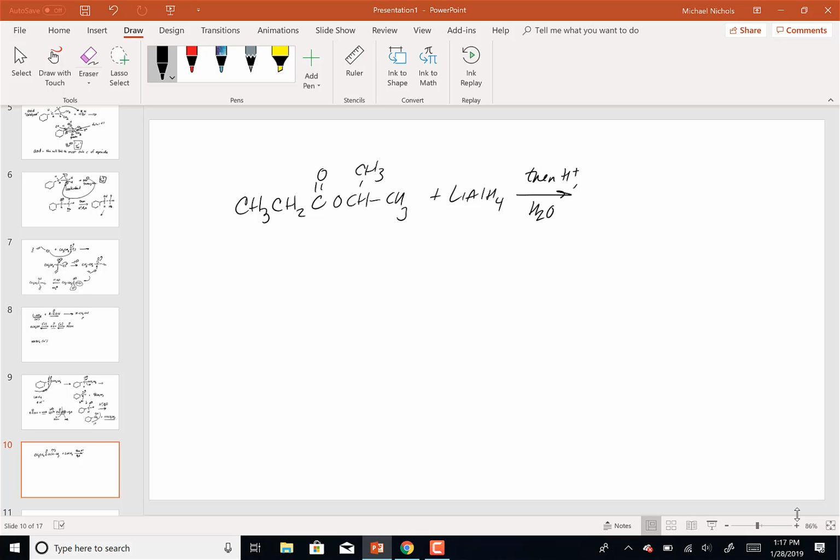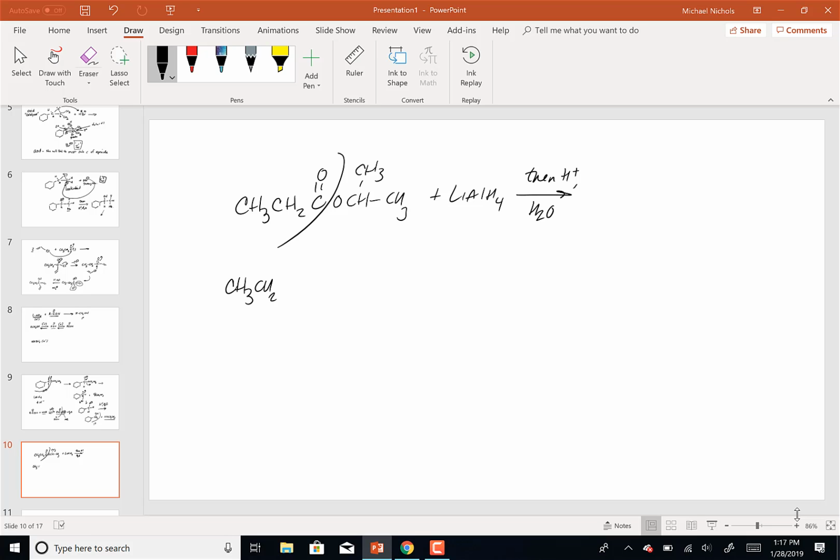So how would I split the molecule? How about like that? So what's the group on the left become? Primary. Becomes the primary alcohol.